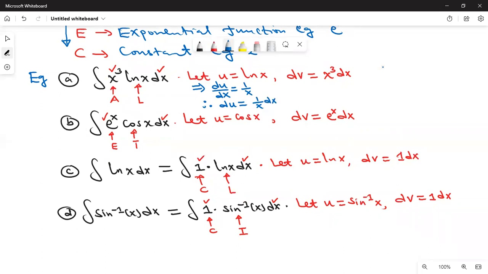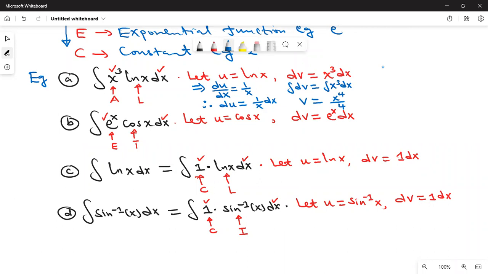And this other one you integrate dv. Also you integrate x cubed dx. So when you integrate dv, you get v is equal to, when you integrate x cubed, remember power rule, that will give us x raised to 4 divided by 4. Don't write the constant of integration.